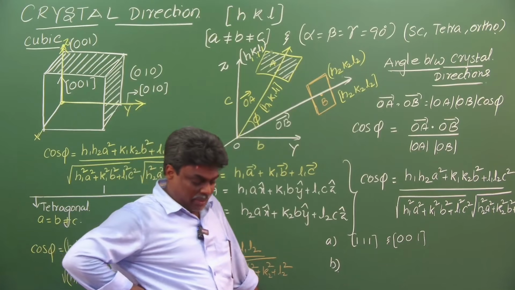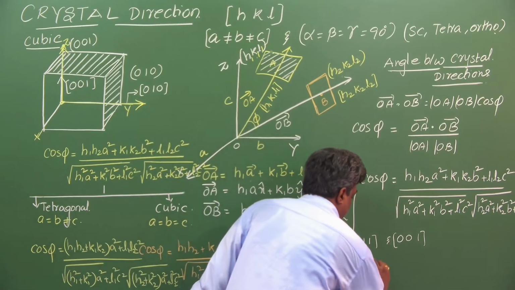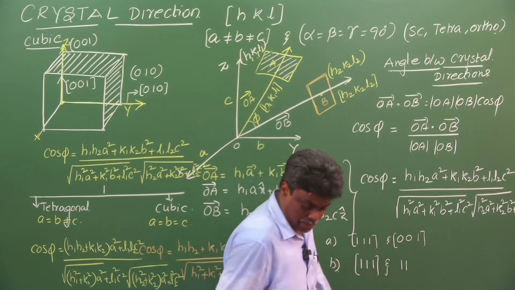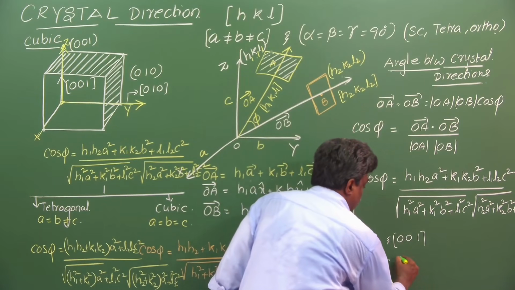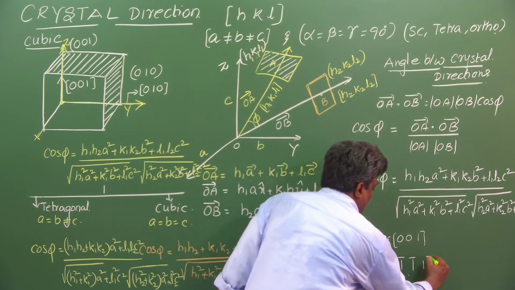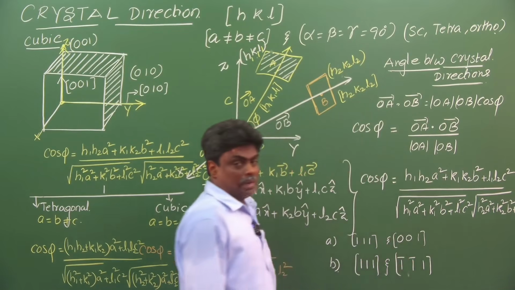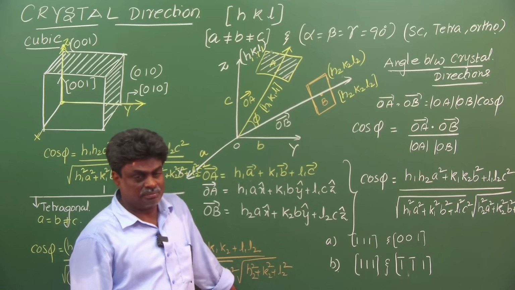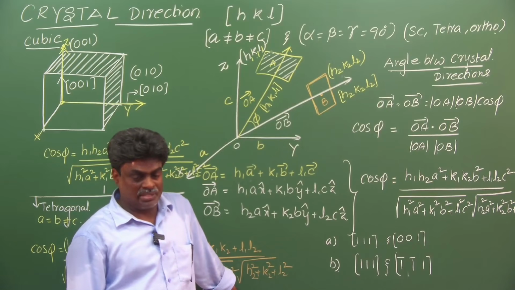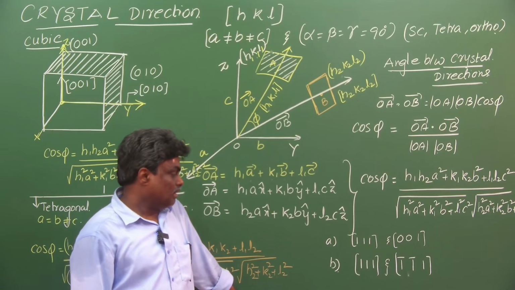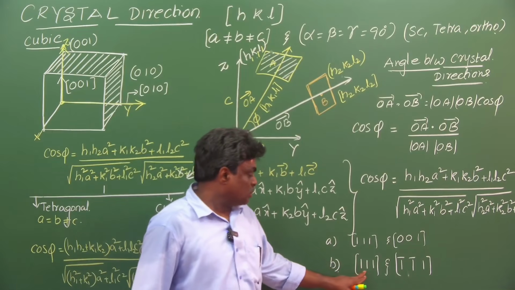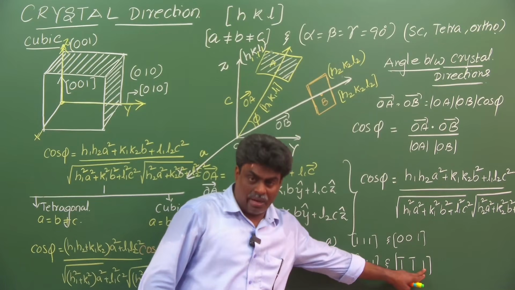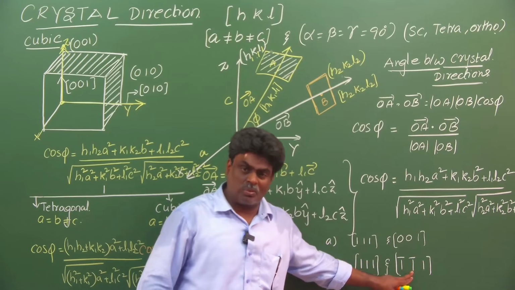Calculate the angle between 111 and 1 bar 1 of a simple cubic crystal. Amma, what is H1 K1 L1? 1 1 1. H2 K2 L2, -1 1.